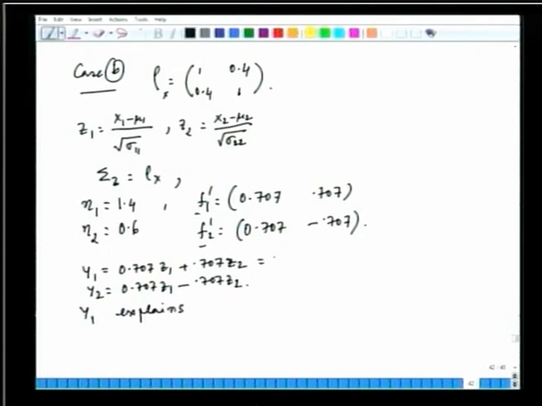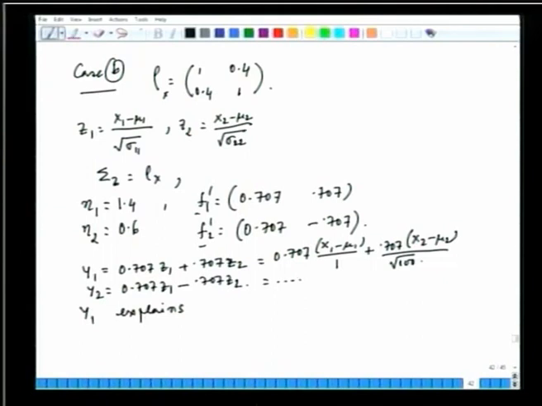and ideally then further you can write this as 0.707 times x1 minus mu 1 divided by the first element of the sigma matrix, that is 1, and you have 0.707 times x2 minus mu 2 divided by the second diagonal element, that is root 100, and in this way.